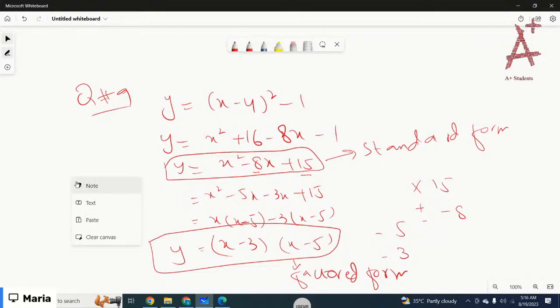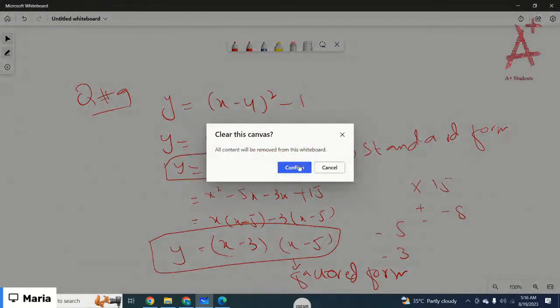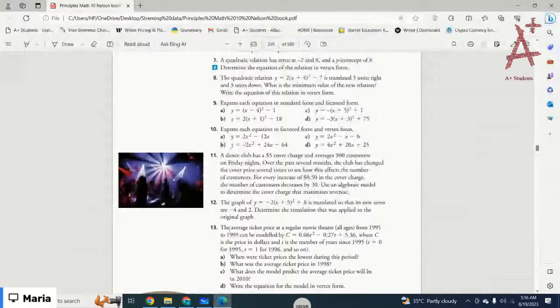Okay, let's start with question number 12. The graph of y equals negative 2 times x plus 5 whole square plus 8 is translated so that its new zeros are negative 4 and 2.